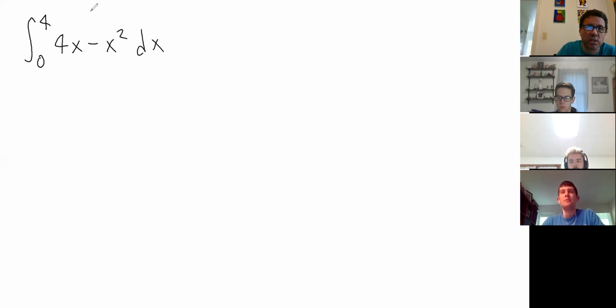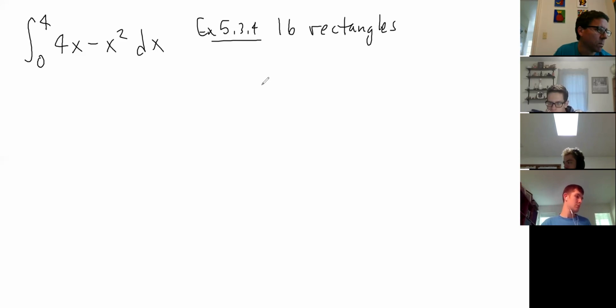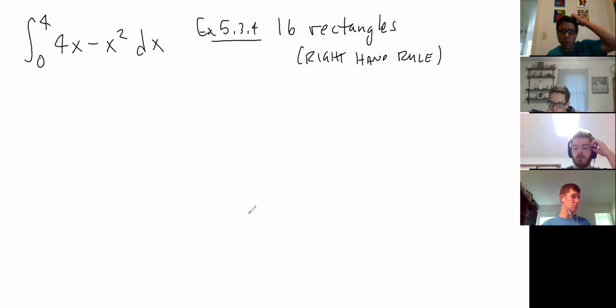And this is actually example 5.3.4. We're going to do it with 16 rectangles instead. So this is going to be a challenge to even try and draw. But we're going to do 16 rectangles, and instead of doing it all 3 ways, we're just going to try the right-hand rule. The right should be safe.